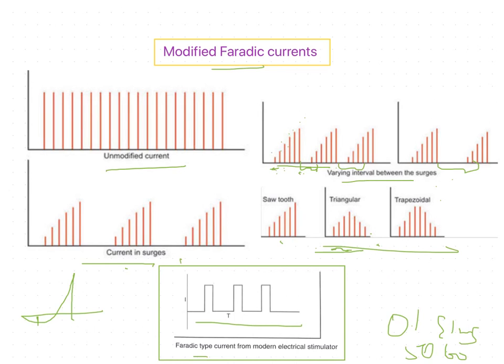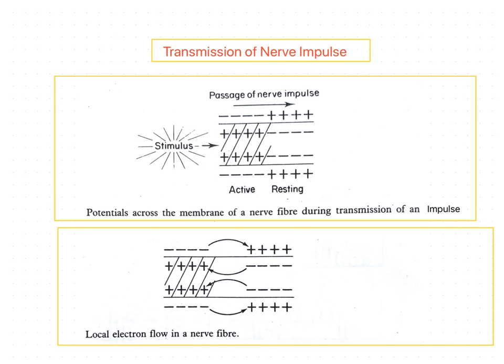Now we are going to see the transmission of a nerve impulse, and how it happens. What type of current do we have to use for transmission of a nerve impulse? Faradic type is required. Now we can see the nerve transmission.